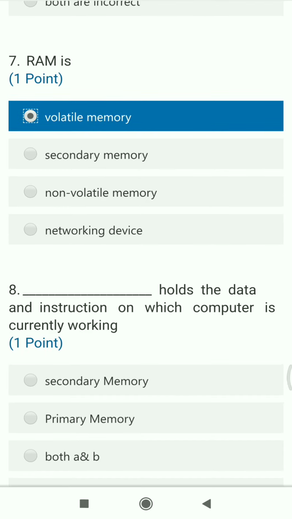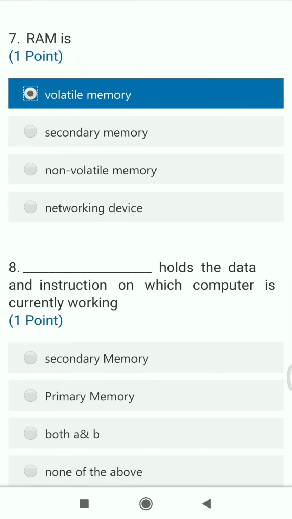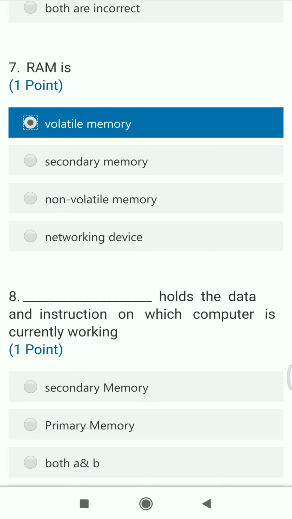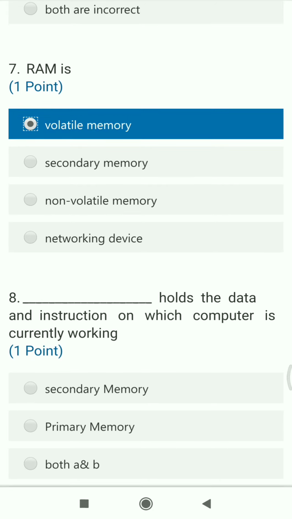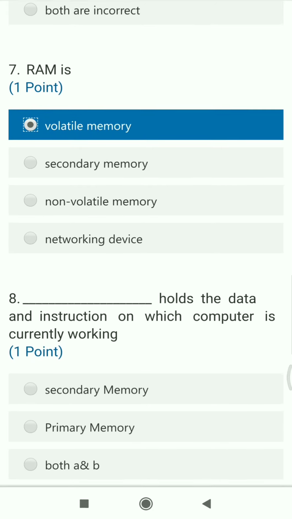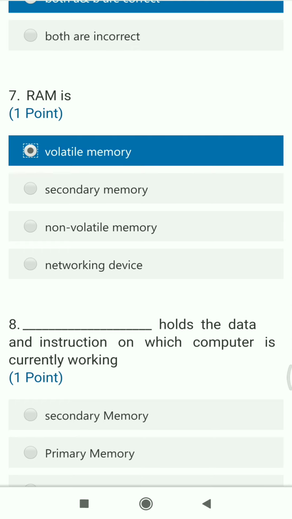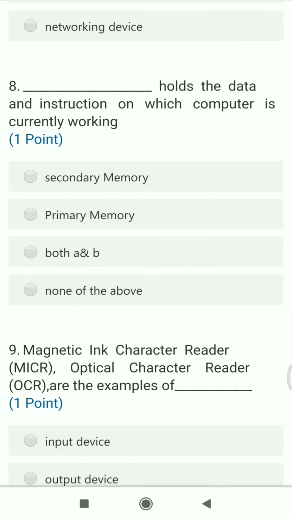RAM is not a secondary memory, it is a primary memory. It is not a non-volatile memory, and not a networking device. Only the first option, volatile memory, is the correct answer.